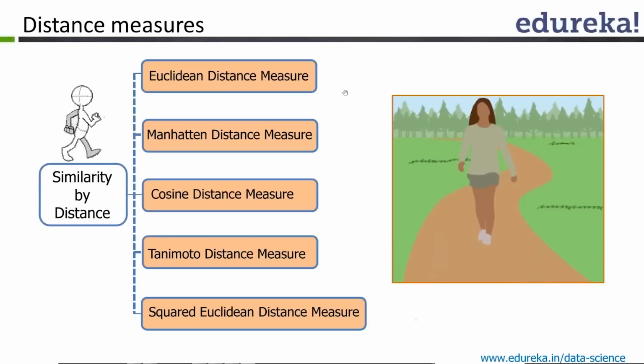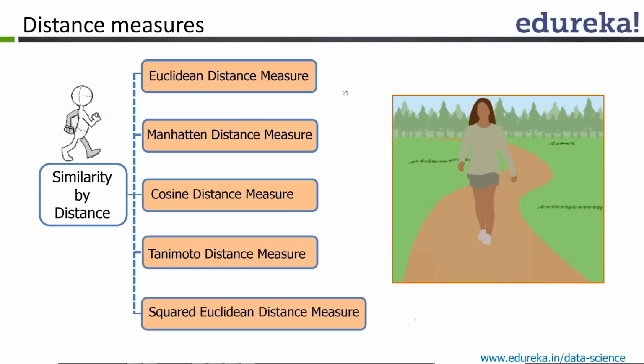Okay, so popular distance measures. The most common one, which we already knew from 7th or 8th standard, is Euclidean distance. If I have two points in the space, the Euclidean distance is the length of the line connecting those two points.